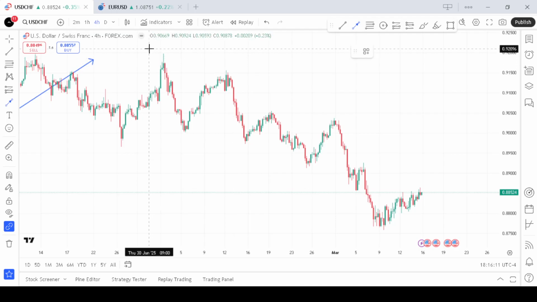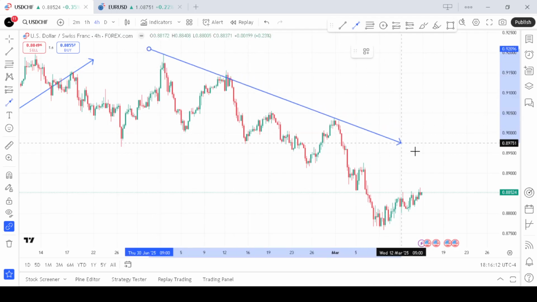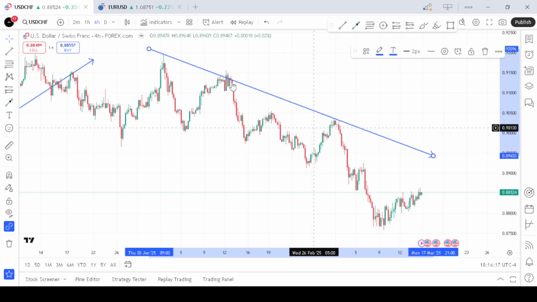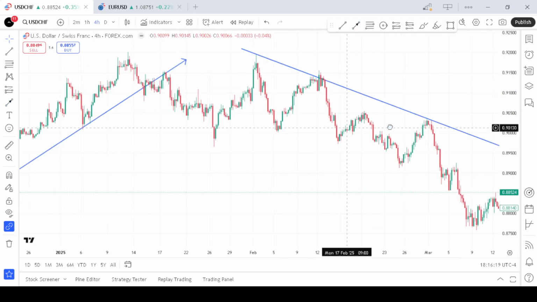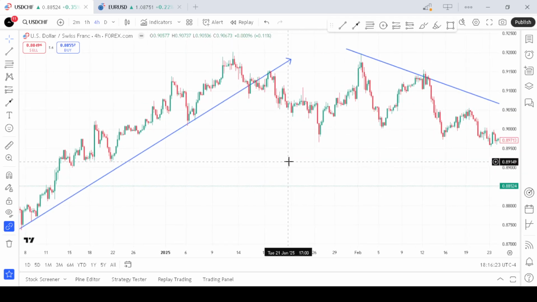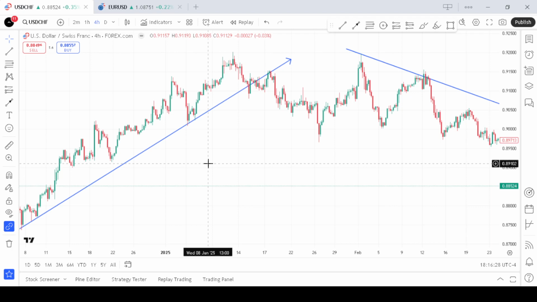This is exactly how we use our trend line, drawing between two or more points on the chart where price meets. As we draw this line, you will begin to see the market trajectory becoming more clear.